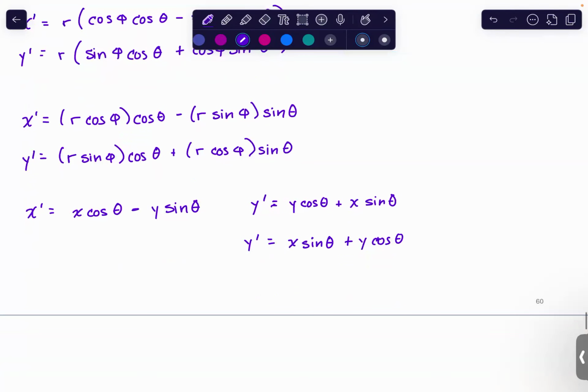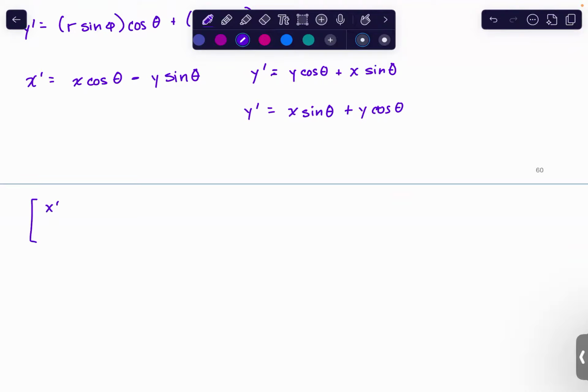We can take x prime, y prime, and that's going to equal the matrix x cosine of theta minus y sine of theta over, and then the second element is x sine of theta plus y cosine of theta.